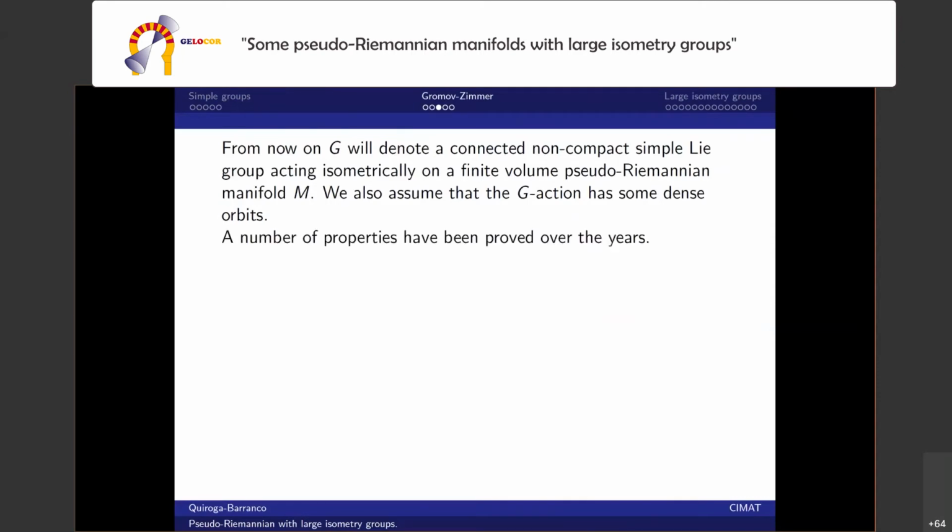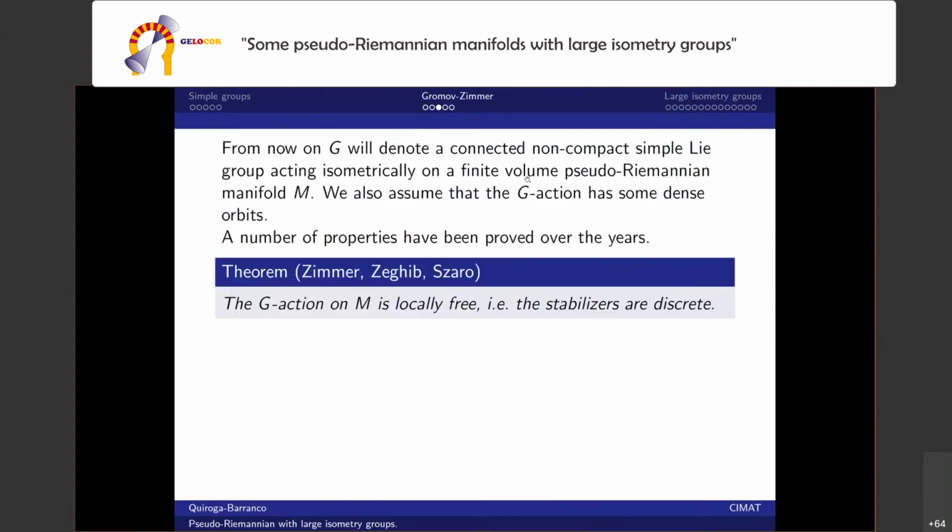A number of properties have been proved over the years. Some interesting basic properties can be obtained just from this hypothesis. A very important one is that the action of G on M is automatically locally free. The stabilizers are discrete.